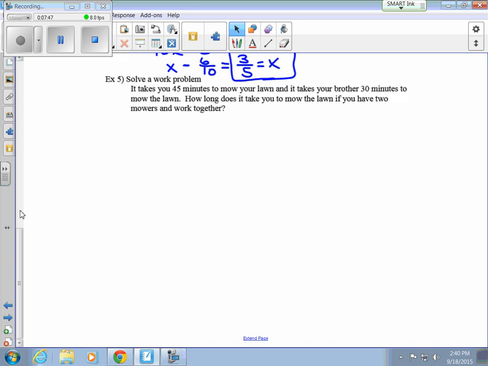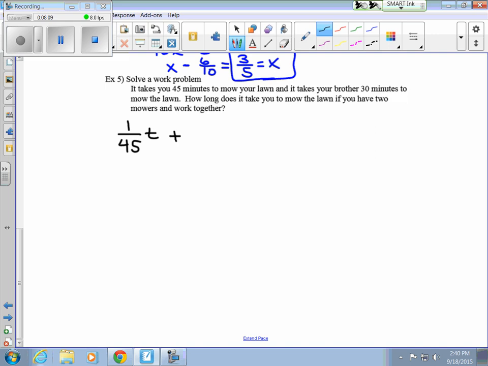But what we're going to do is we know that when we set this up, we're going to start with our rate. So you're mowing 1 lawn, and it takes you 45 minutes. So there, it's 1 over 45 times t.